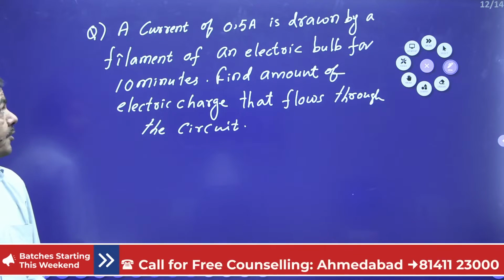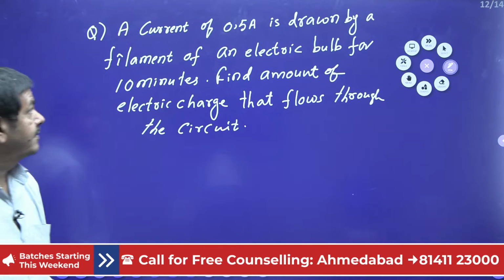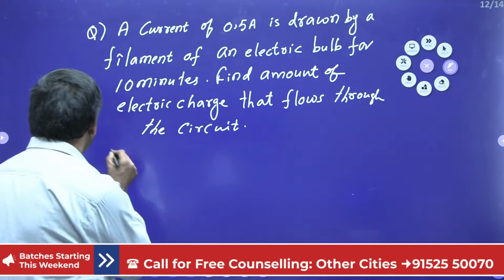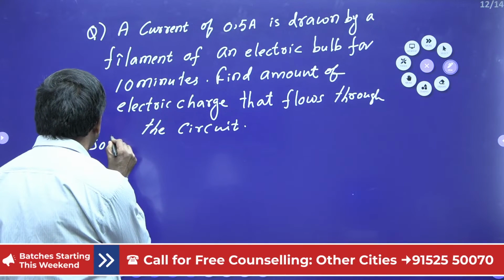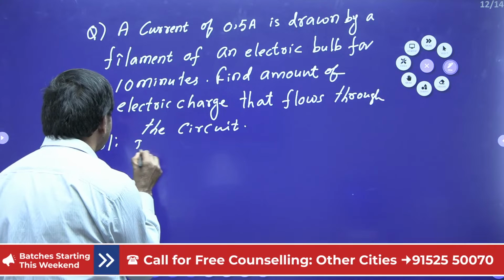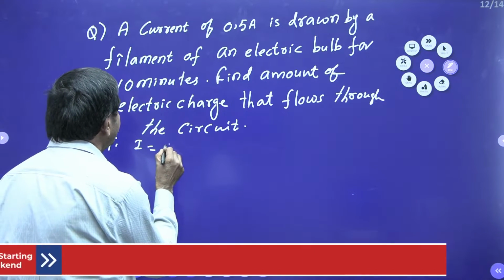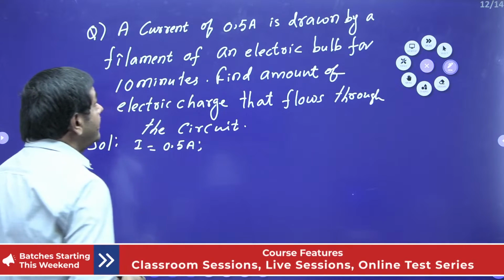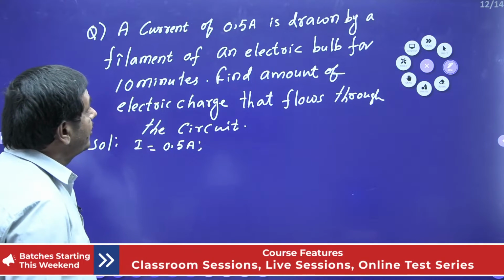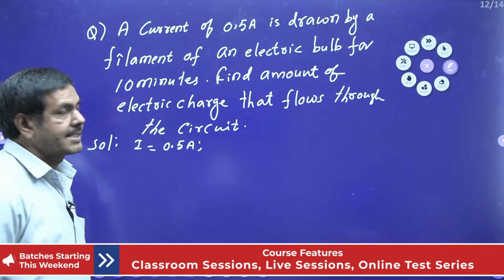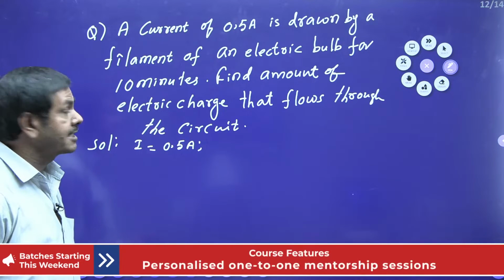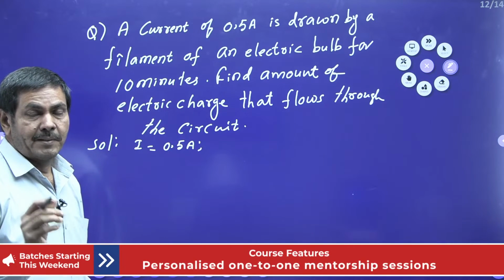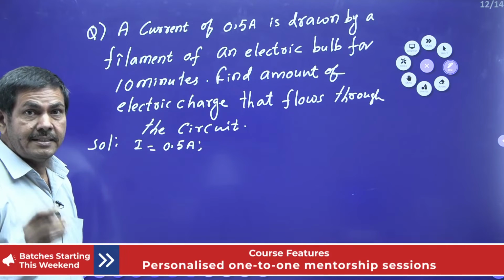But in this problem, you watch, a current of 0.5 amperes is given. I am taking the solution here now. The current is given as 0.5 amperes, drawn by a filament of an electric bulb for 10 minutes. Time is given as 10 minutes. But the time must be in seconds only.